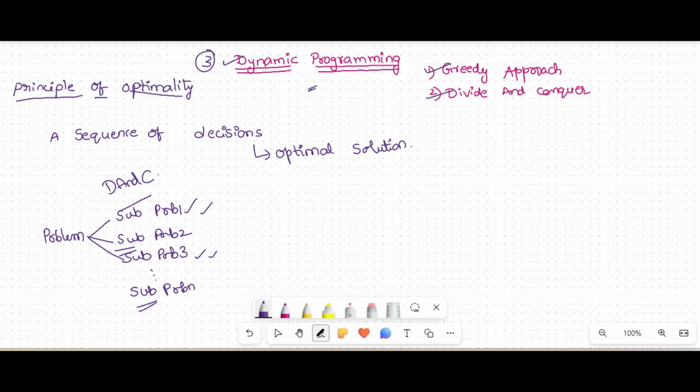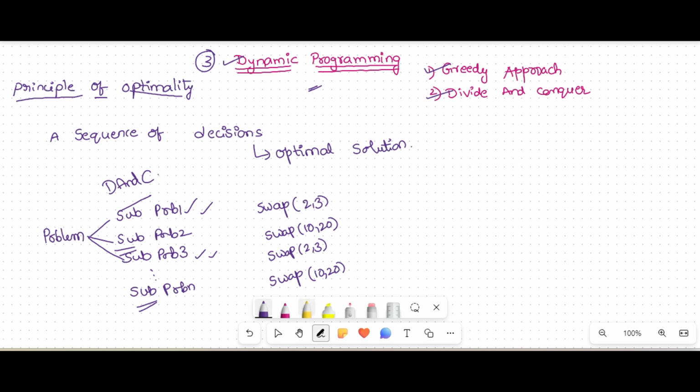Whereas in dynamic programming, what happens if it is already calculated? For example, subproblem 1 is swap of 2, 3. Subproblem 2, swap of 10, 20. Suppose subproblem 3 is again swap of 2, 3, and here we got again swap of 10, 20.